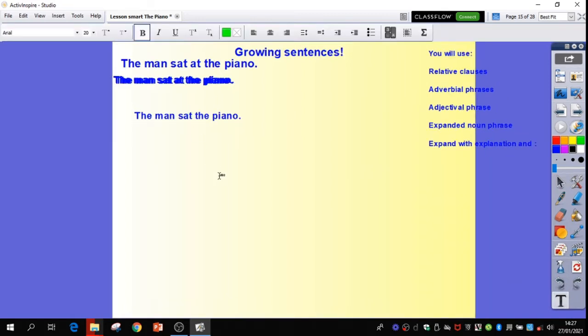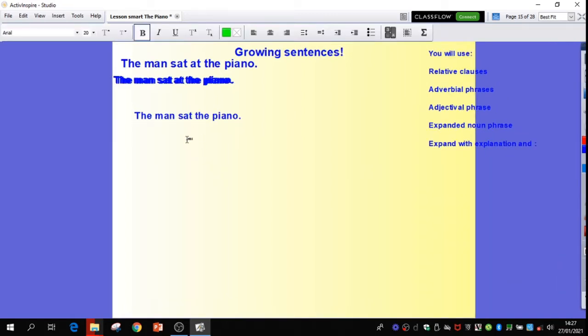So we all know that a relative clause expands on the noun, and I'm going to use the first noun, the man. Now we know that we're adding extra information, so we know that that extra information is parenthesis, and we are going to have a comma either side of that extra information. So the man, what can I say about the man?